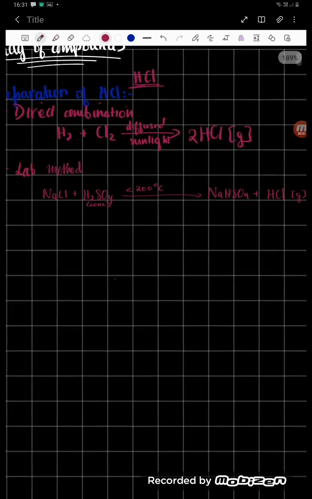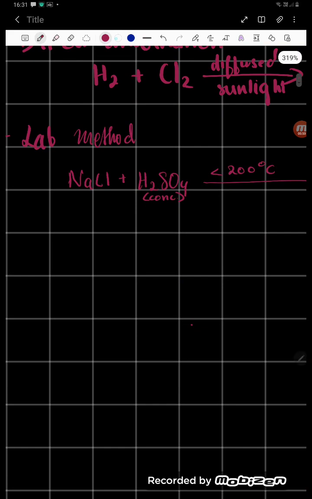Now there are a few important things to note. In the whole process, only sodium chloride is preferred. Sodium chloride is preferred because it is easily available and it is cheap.